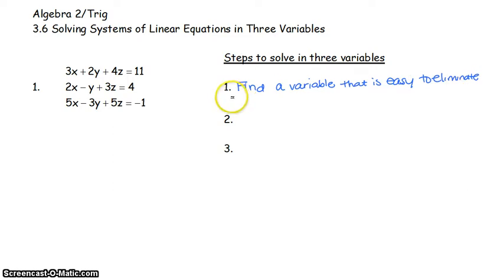What you want to do once you do that is write that equation twice. When we look back, we've got 3, 2, 4, 2, 1, 3, 5, 3. So the easiest variable here to solve for is y. That means that we are going to use that equation 2 times.